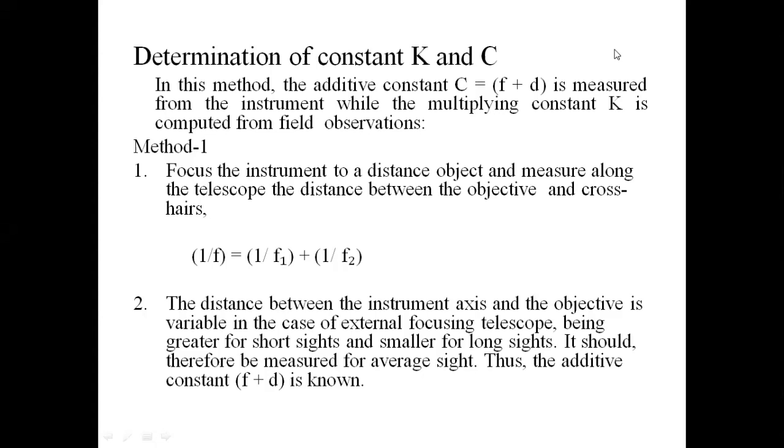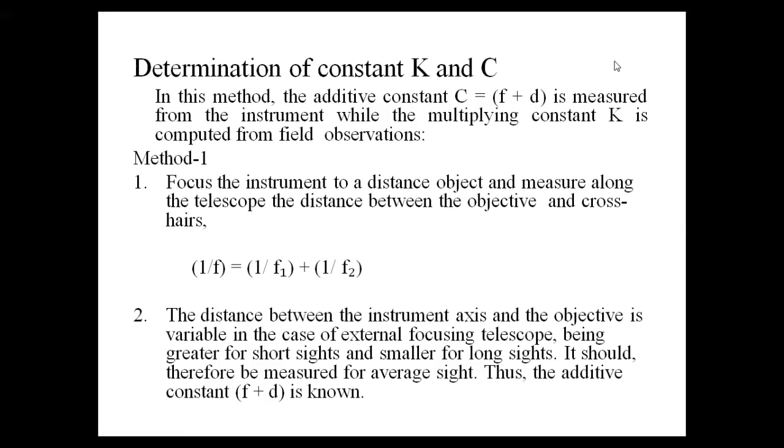The focal length formula is 1 by f is equal to 1 by f1 plus 1 by f2. The distance between the instrument axis and the objective is variable in the case of an external focusing telescope, being greater for short sight and smaller for long sight. It should therefore be measured for average sight. The additive constant is then known.